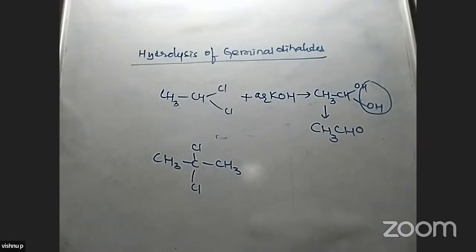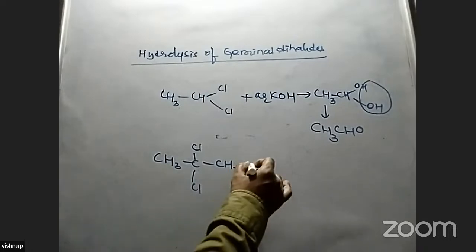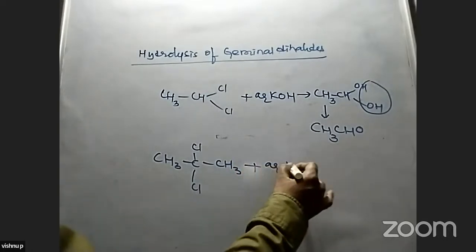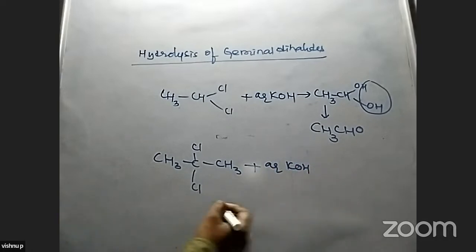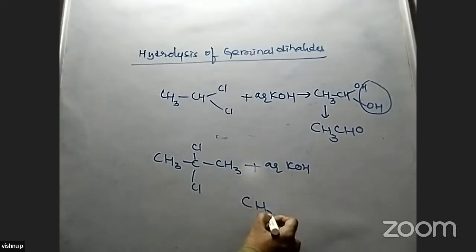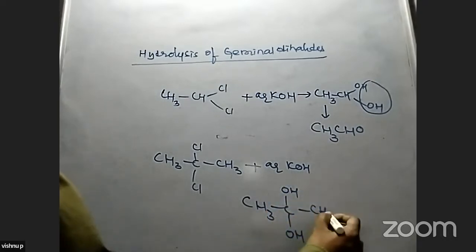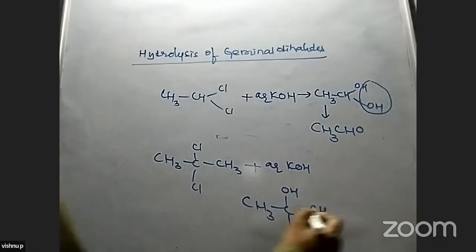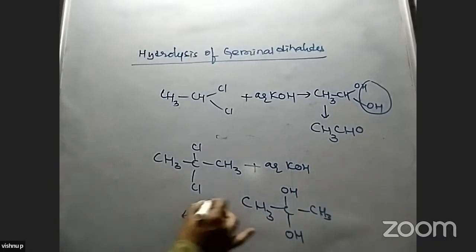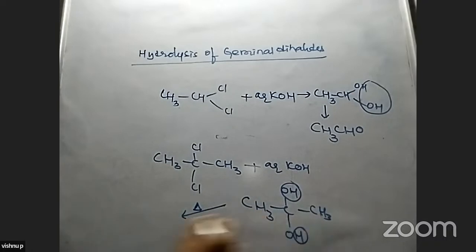Again, aldehydes or ketones are formed in this reaction based on the structure of the geminal dihalide. If two halogens are present on the corner carbon, then always an aldehyde is formed. If two halogens are present on any of the middle carbons, always ketones are formed. Here two OH groups are attached to the same carbon, and when heated, OH and H are separated.